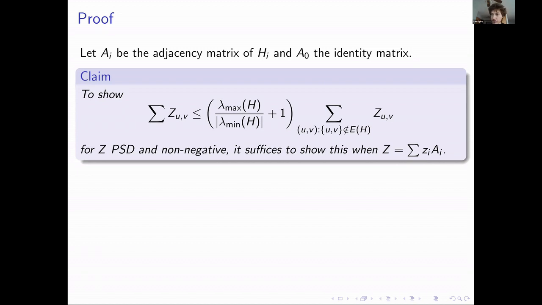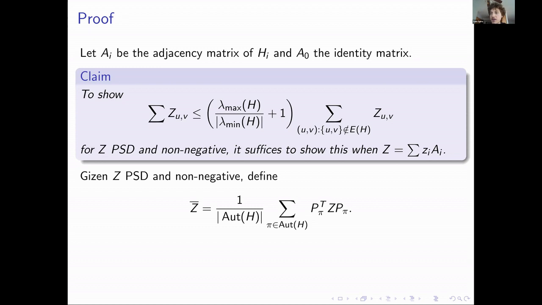Or again, if you're familiar with the association scheme language, it's saying that Z is in the scheme of these H's. All right, and the way we do this is we consider an averaged version of any Z that we're given. In particular, we define Z bar by taking each automorphism of H, conjugating Z by the associated permutation matrix, summing over all of these permutation matrices, and then dividing by the number of terms in this sum.